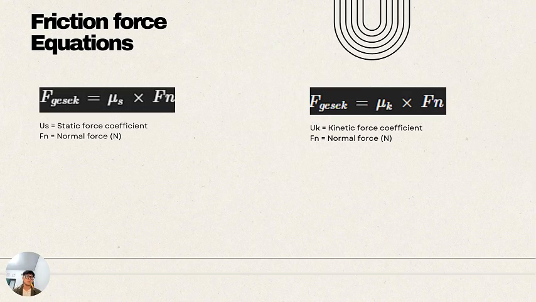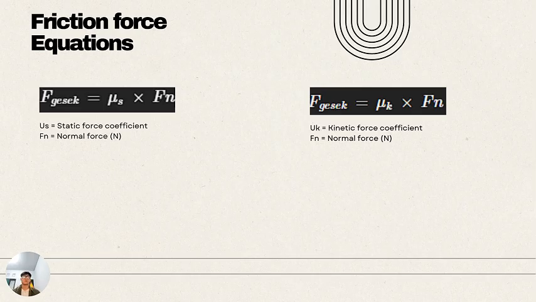This is the equation that we're going to use in this experiment to find the friction force. First is static: F friction equals mu s times Fn. Mu s equals the static force coefficient, while Fn is the normal force in Newtons.